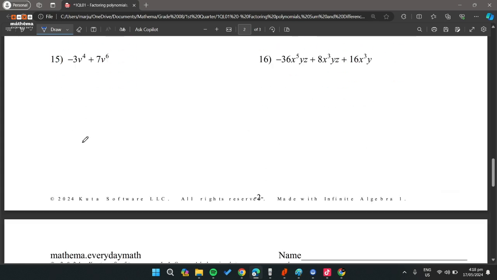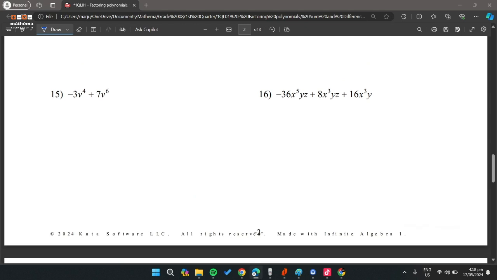Alright, let's do 15. What is the common factor? Give me the common factor. One. In terms of the number, there is no common factor between negative 3 and 7, right? Alright. Y? Is that a y? There is no y there.